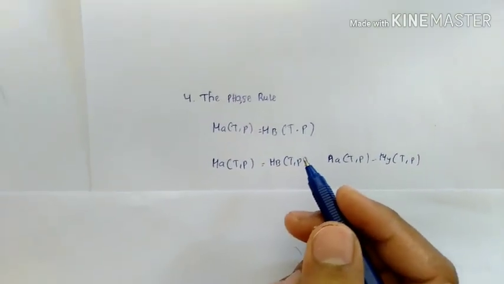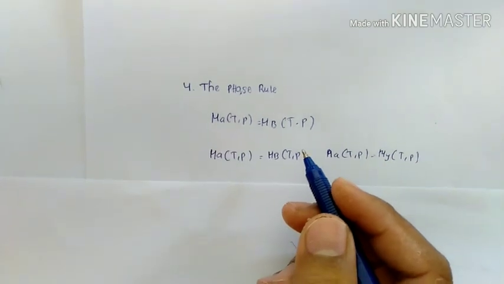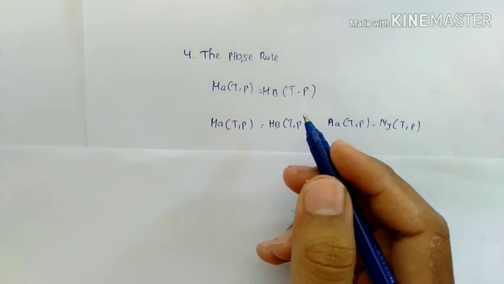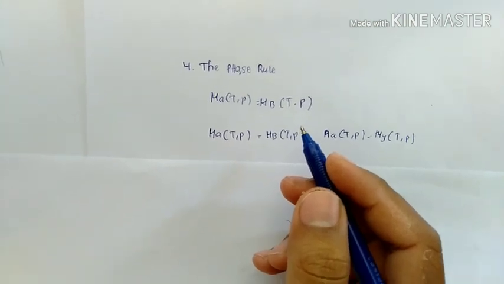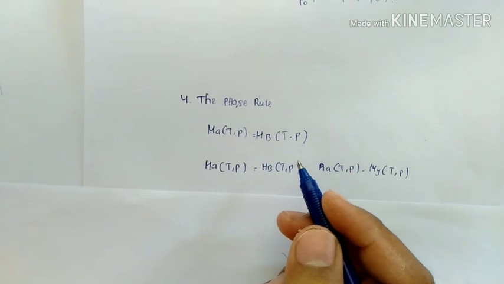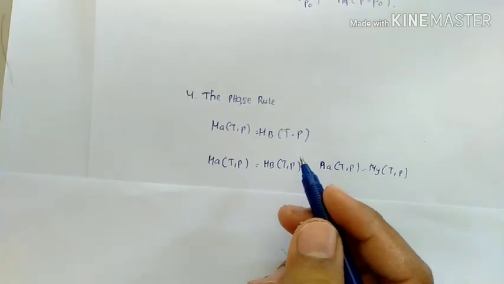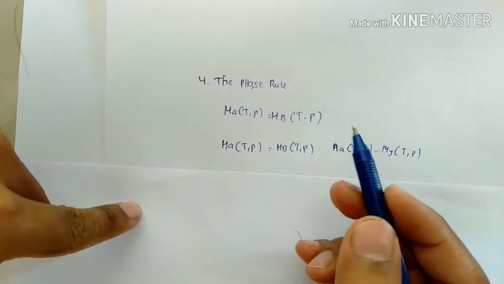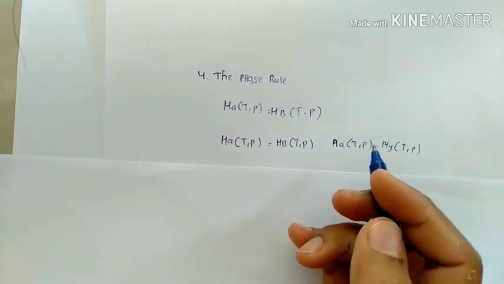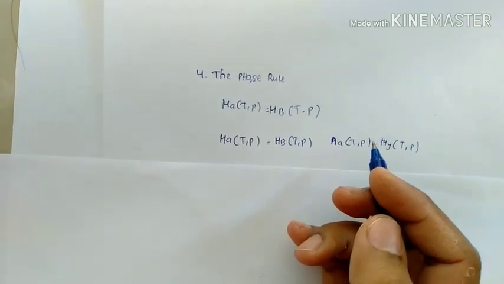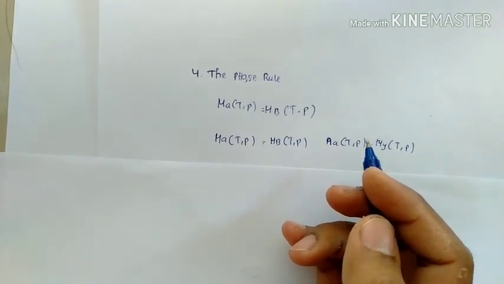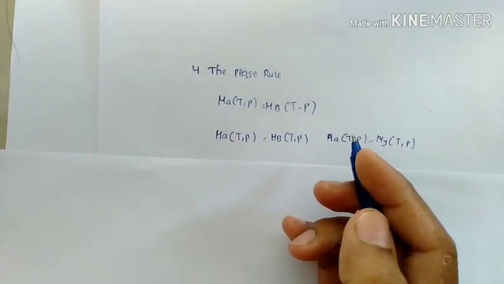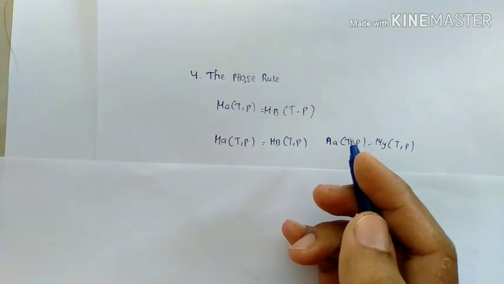Only one intensive variable, either temperature or pressure, is needed to describe the state of the system. The system has one degree of freedom or is univariant, whereas if only one phase is present, two variables are needed to describe the state, and the system has two degrees of freedom or is bivariant.